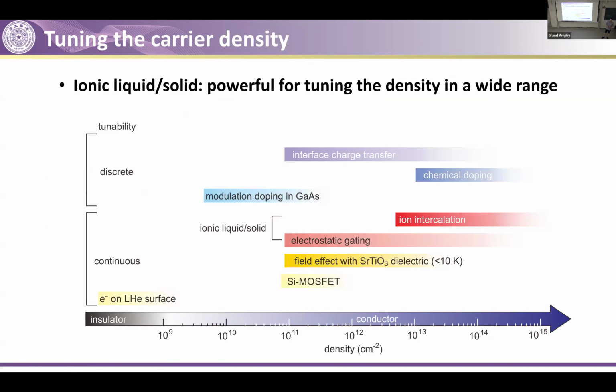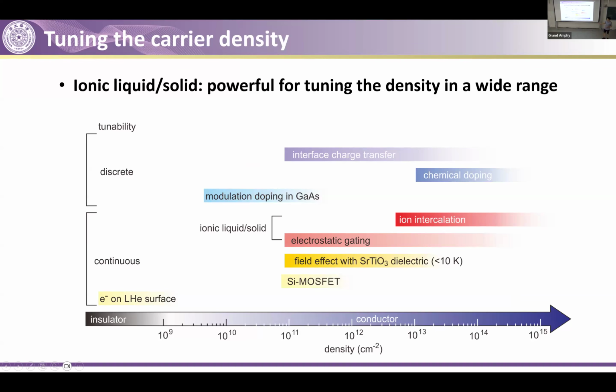So how to tune the carrier density? Especially in 2D, we can use a gate, the electric field effect, to tune the carrier density, or in some other materials, we just put in some dopants. But then you need to synthesize different compounds with different amounts of dopants, which we call a discrete way of doping or tuning.